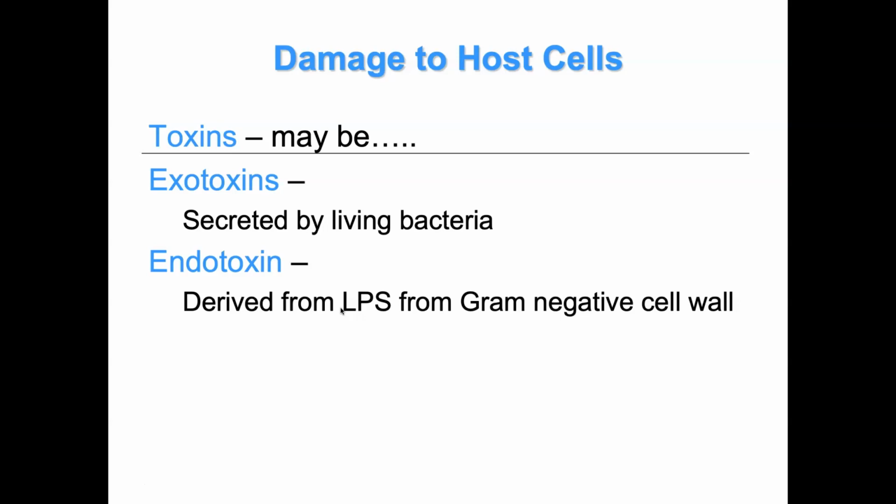Endotoxins are usually from gram-negative microorganisms, derived from LPS. There is, however, one gram-positive organism that produces an endotoxin-like toxin, and that is Listeria monocytogenes. It's endotoxin-like. This is a very bad pathogen to have. It causes meningitis in newborns, and it's usually acquired transvaginally.